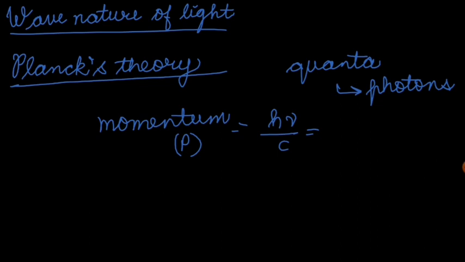And this nu can be written as c upon lambda, so we can write it as h upon lambda. So the formula of momentum can be written as h nu by c, which can further be written as h upon lambda.